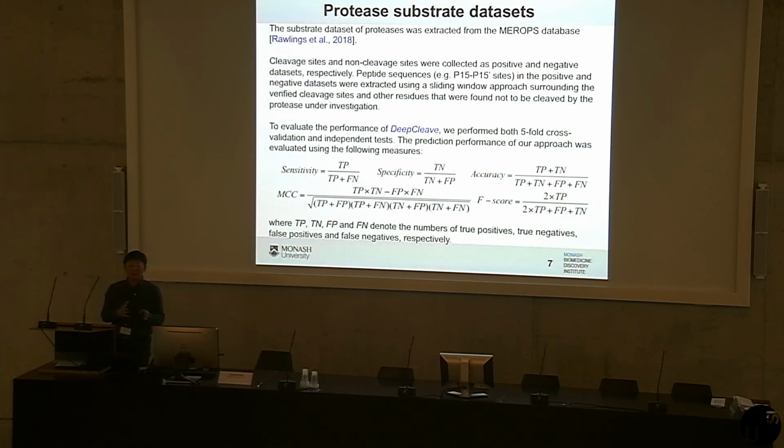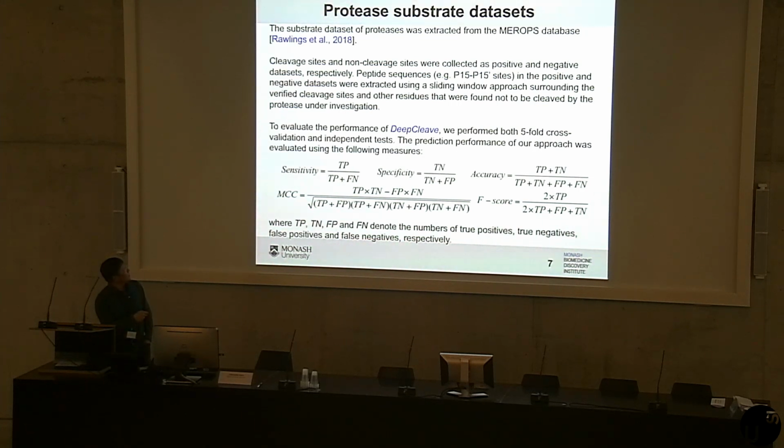By labeling the data, I mean we need both positive data, like well-known, experimentally validated cleavage sites, and also negative data, like non-cleavage sites. These annotations come from the MEROPS database. Then we utilize a sliding window approach to extract the local features surrounding the cleavage sites of interest. Whether it's a cleavage or not will be recognized by the model.